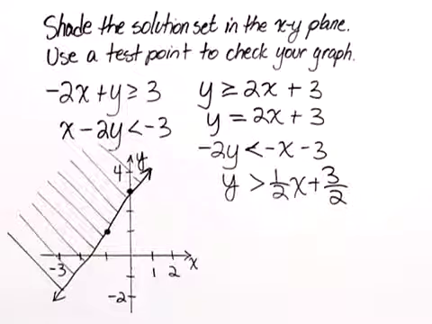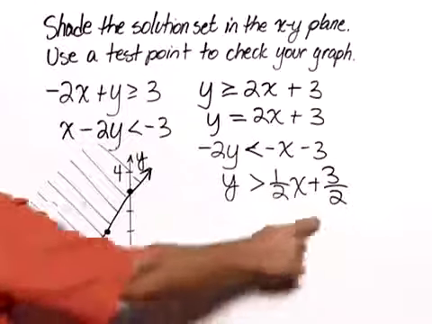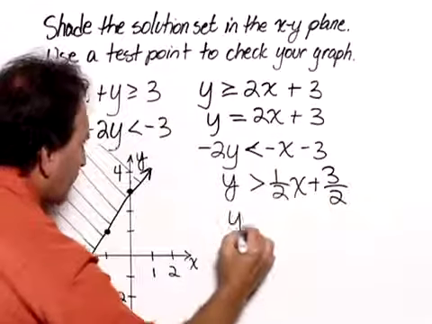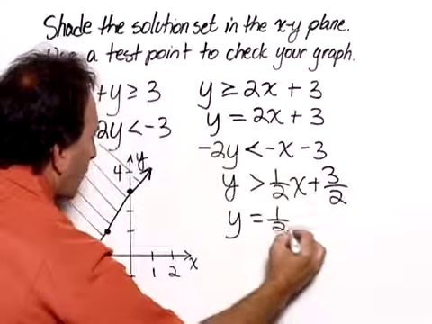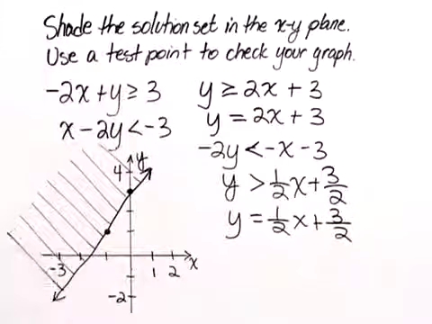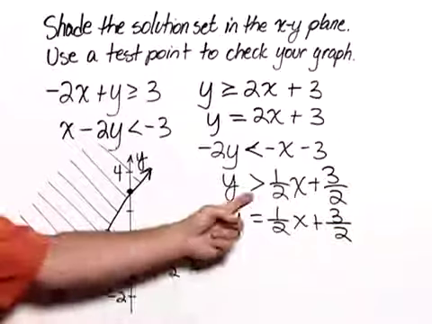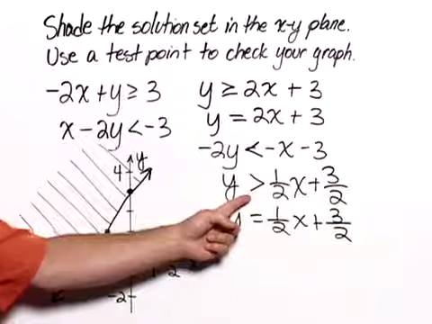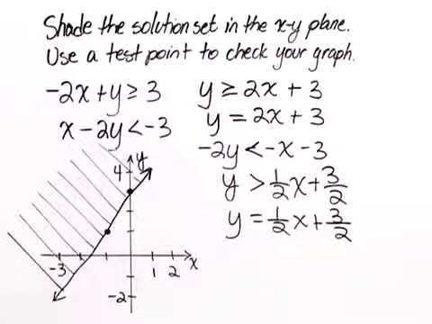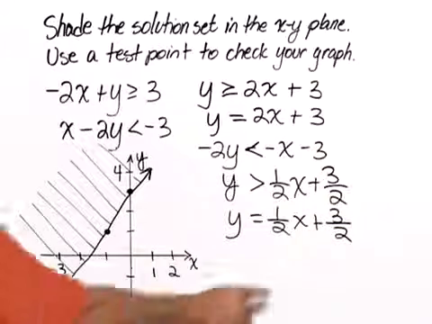So our y-intercept is going to be the 3/2. To draw that boundary line, we change it to an equation of y equals 1/2 x plus 3/2. Because the inequality is a strict inequality in the sense that it does not have an equal to part, then we draw a dashed line.